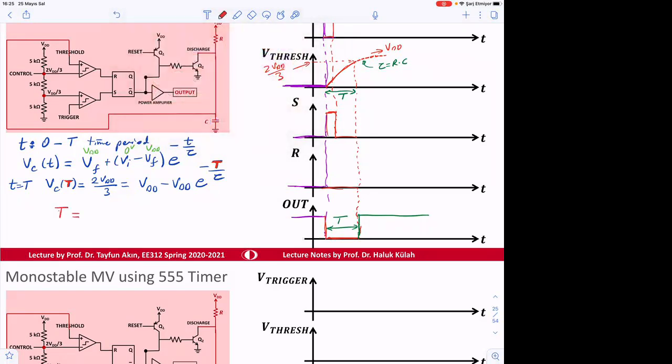T is equal to tau times ln 3, or T is equal to R times C times ln 3.